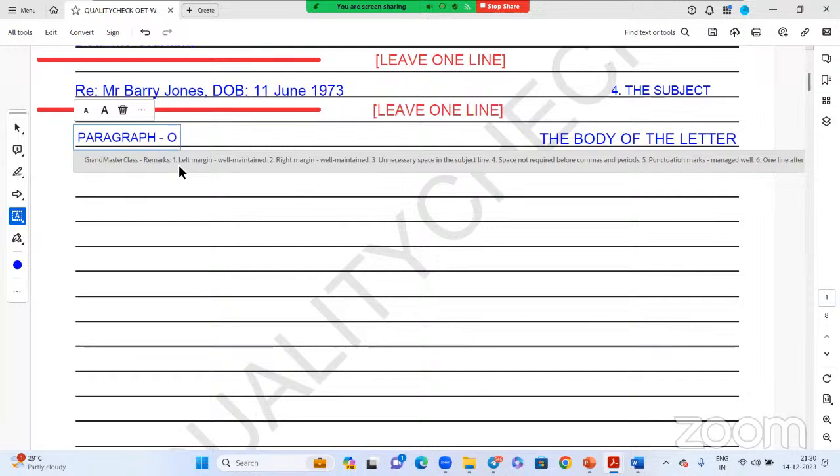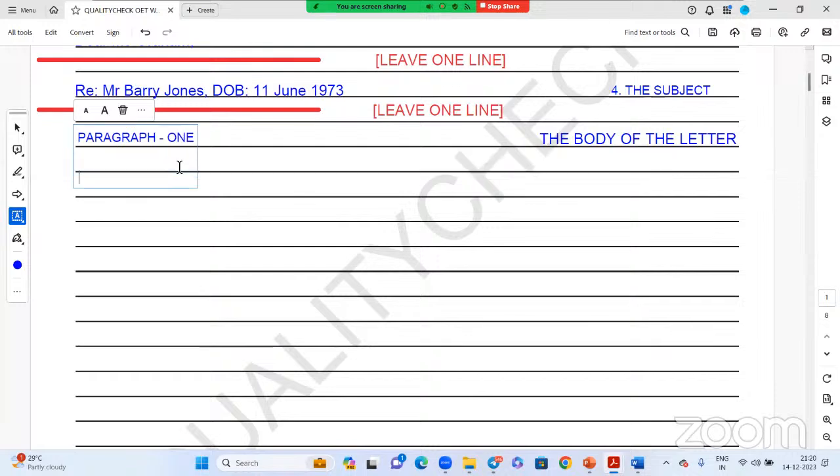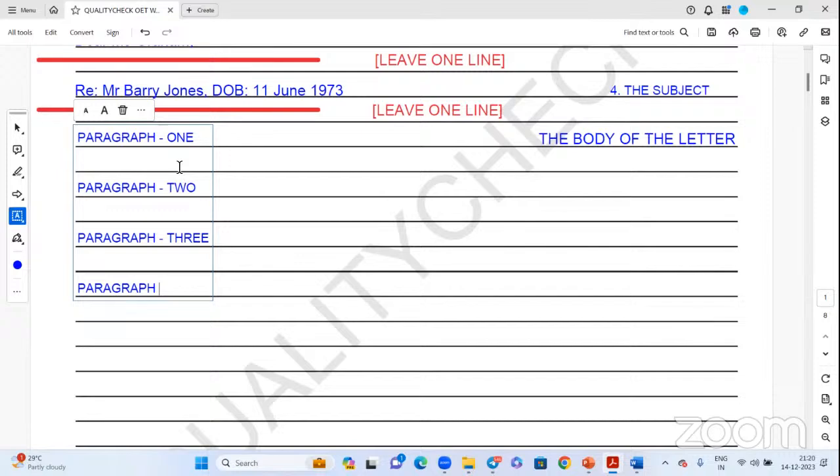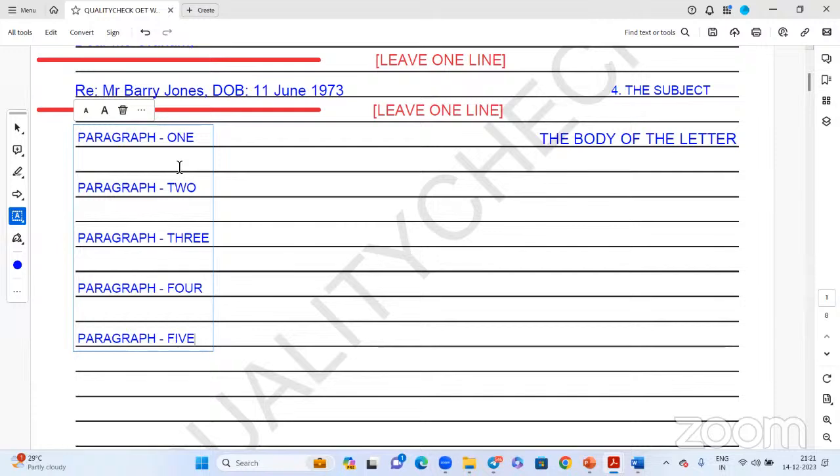So 5 paragraphs. Let us take paragraph number 1. Paragraph 1, paragraph 2. I'm going to show you some sample, that's all. Paragraph 3, how your paragraphs look like, that's all. Paragraph 4. Paragraph 5. So this is how you write 5 paragraphs.